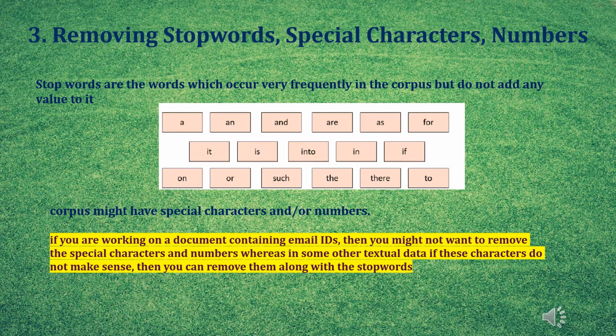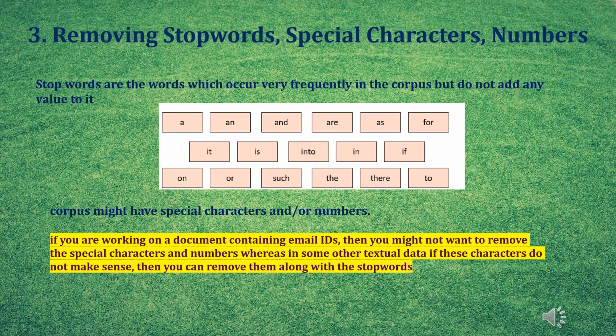The third step is removing stop words, special characters, or numbers. In this step, the tokens which are not necessary are removed from the tokens list. Stop words are the words which occur very frequently in the corpus but do not add any value to it. Humans use grammar to make the sentences meaningful for other persons to understand. But grammatical words do not add any essence to the information which is to be transmitted through the statement.